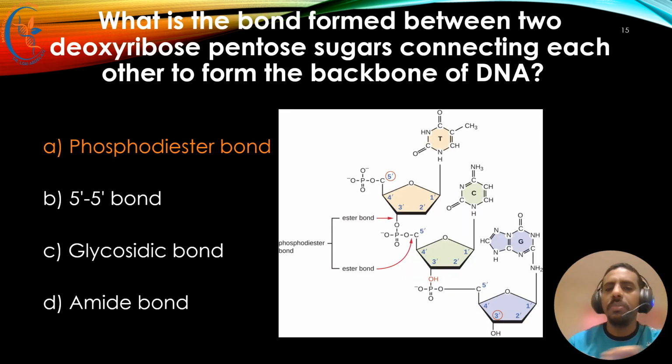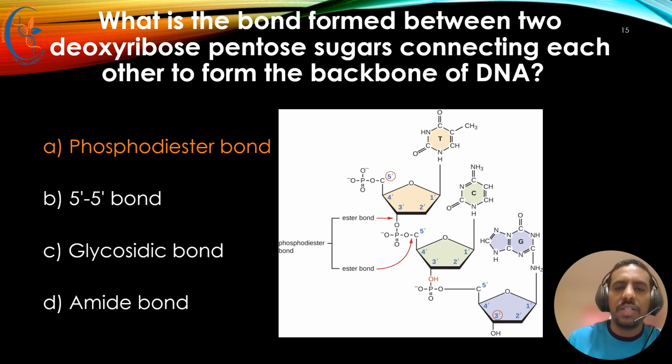The bond formed between two deoxyribose pentose sugars connecting each other to form the backbone of DNA is called a phosphodiester bond. This bond involves the phosphate group linking the 3' carbon atom of one sugar to the 5' carbon atom of the next sugar in the DNA strand, as we see in the image.